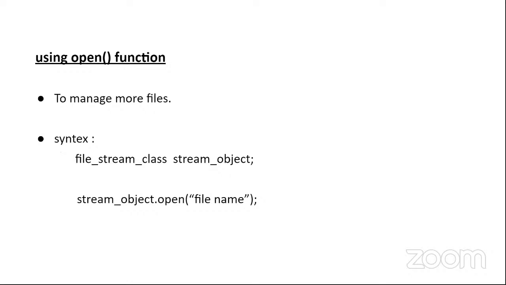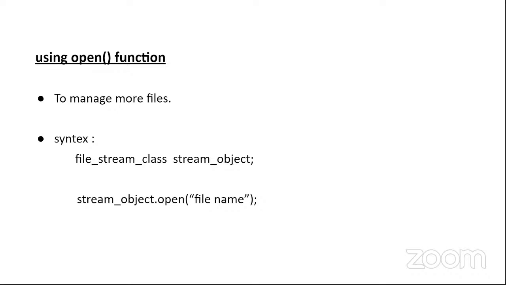If you want to manage more than one file, with the help of the open function it is easy to manage more than one file, and we use this method. There is a syntax for the open function: file stream class, then stream object. We don't initialize it here and don't give a file name.